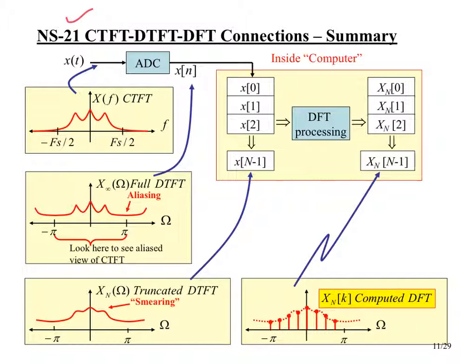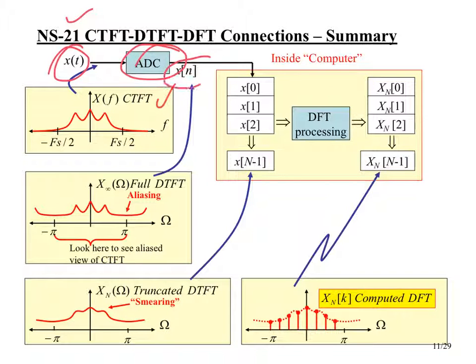We've seen this before. You've seen it back in the 301 course on signals and systems. We've seen it before in this course as well. And that's because this is a great way to visualize what's really going on. So everything's happening right here. We've got our continuous time signal with some underlying CTFT, and then we've got sampling that happens as we go through the A to D converter.